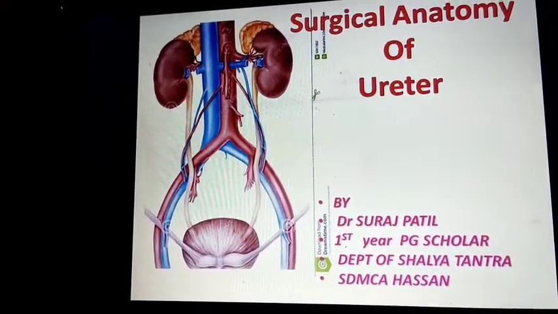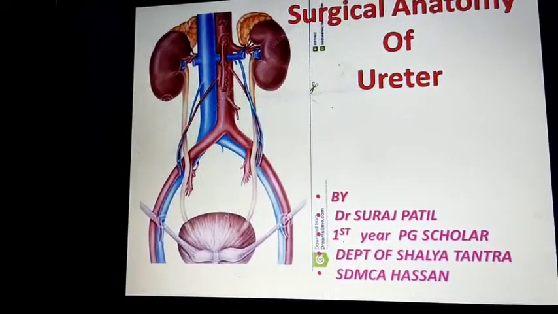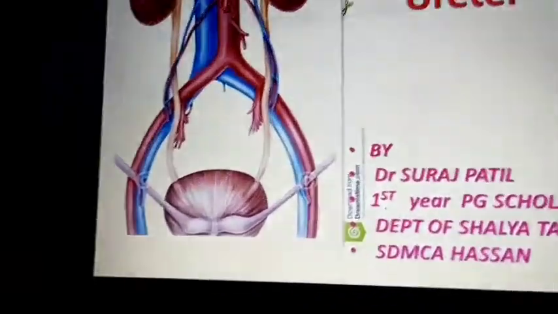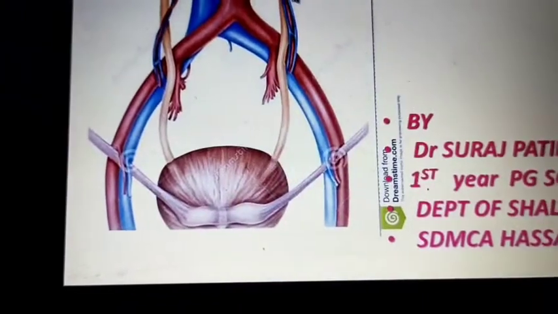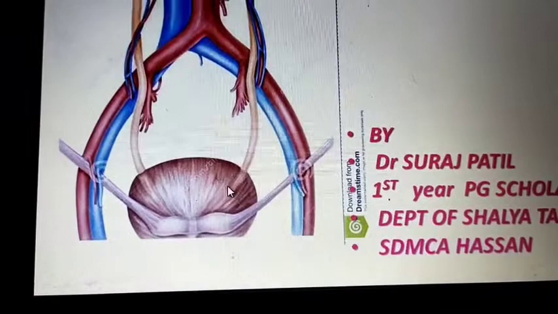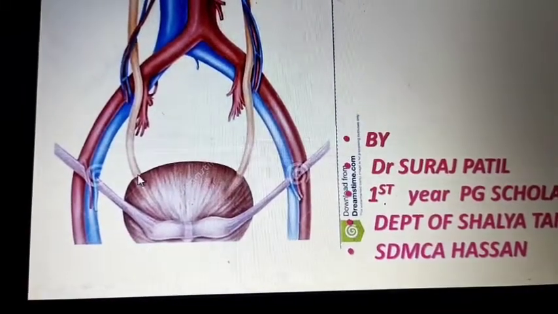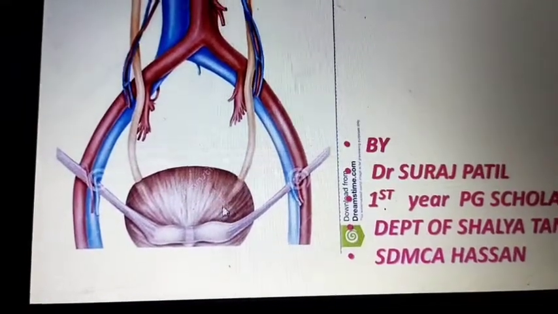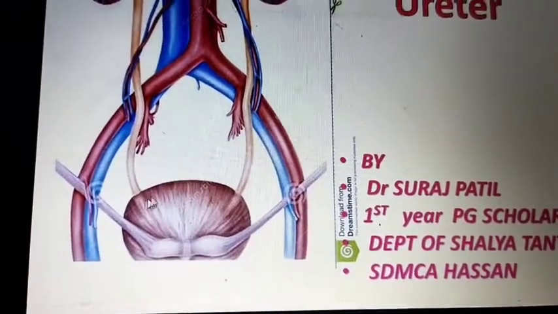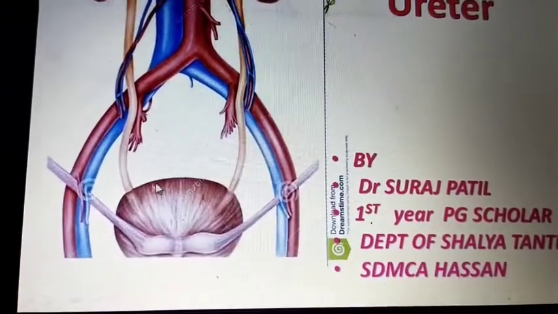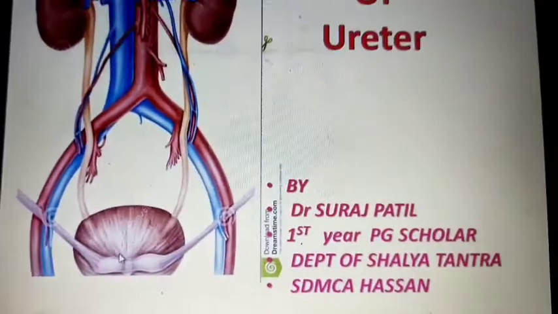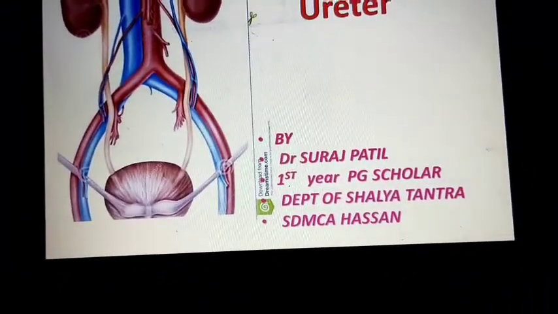Further, it goes forwards and downwards and obliquely towards the urinary bladder, and it opens into the urinary bladder laterally, at the base of the trigone of the urinary bladder. You can go for the next slide.